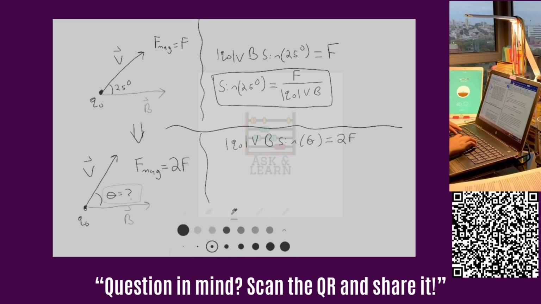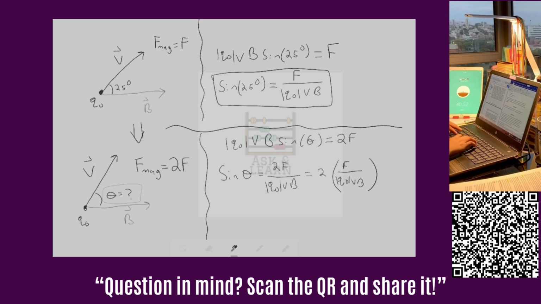So in the bottom, solving for sine theta, we get sine theta is equal to twice F divided by magnitude of Q naught times V times B. Well, if we rearrange this and pull our 2 out, we notice that we have a combination of variables, F divided by Q naught, V times B. But this collection of variables is the same as this collection of variables, and therefore is equal to sine of 25, which remember is just a number.